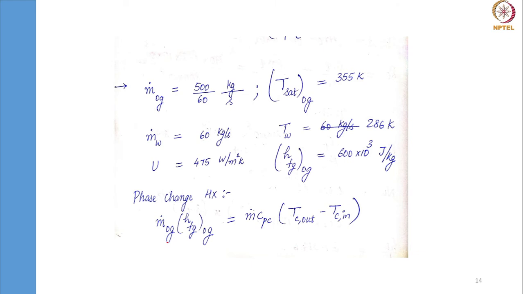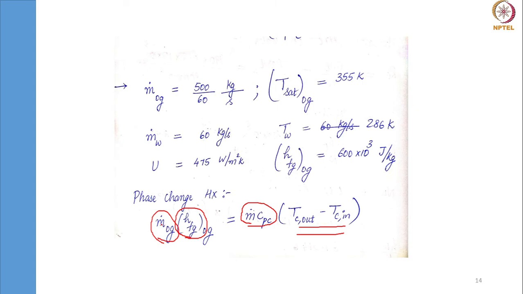While one fluid was undergoing phase change, when we apply the energy balance equation, we have m dot of the organic fluid times HFG of this organic fluid, that is the latent heat of vapor condensation, that equals m dot Cp of cooling water times delta T of water.